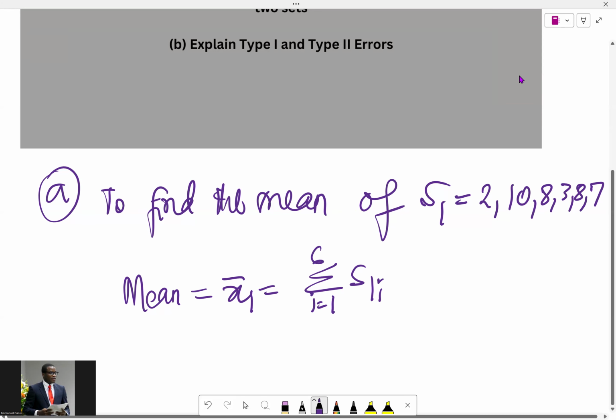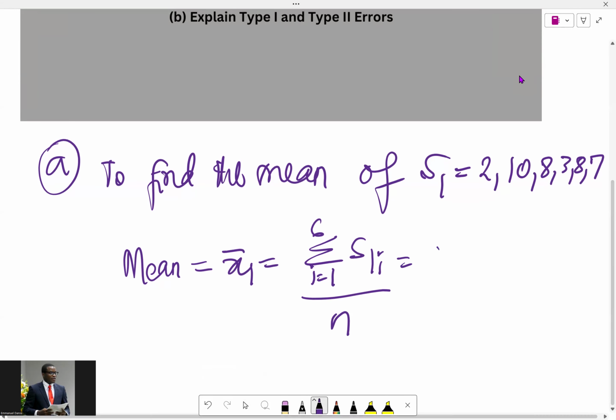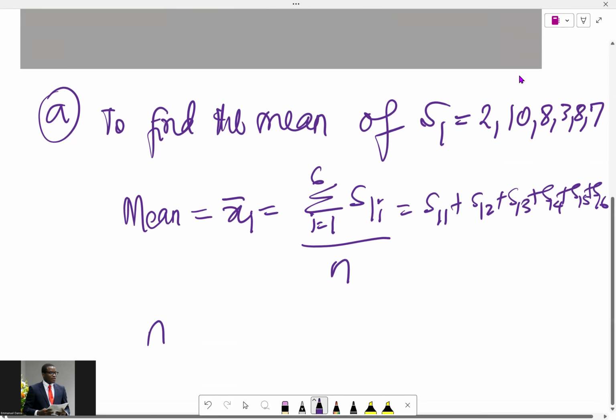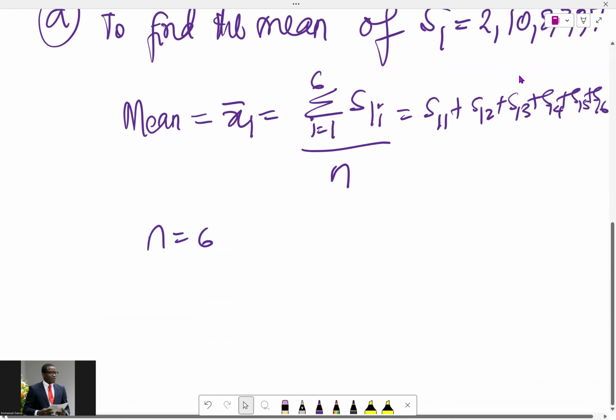That means you're going to have S11, S12, and so on. The summation of all this divided by n. So we have S11 plus S12 plus S13 plus S14 plus S15 plus S16, and n is 6.